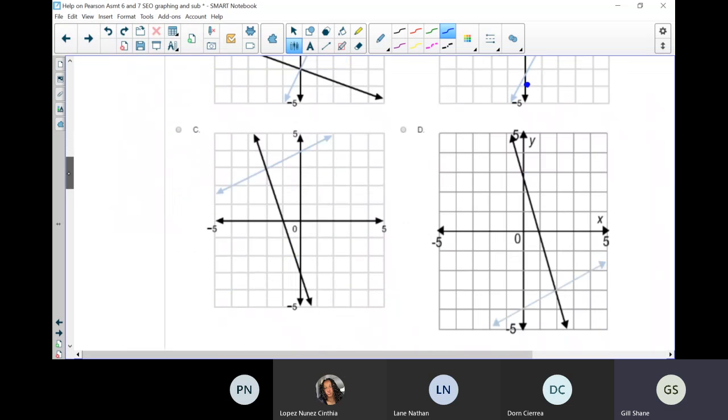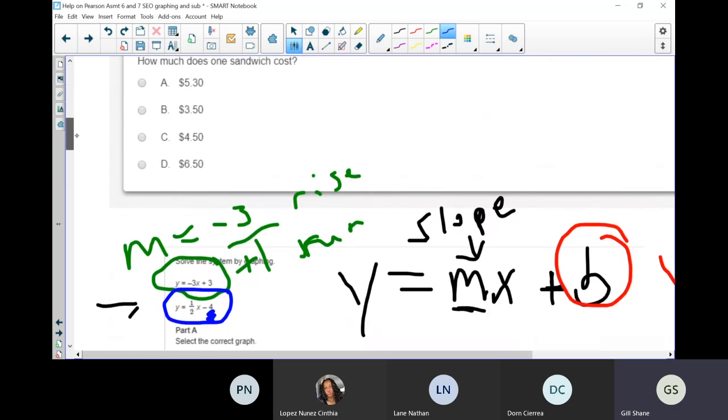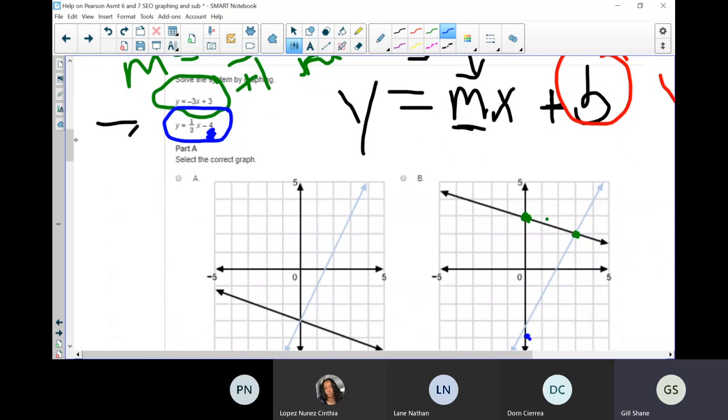So you can clearly see that line is not going through -4. It's up higher than -4. So I immediately know that graph can't be right because that second line should be going through -4, and it's not. So again, I can say that graph is not the right graph.